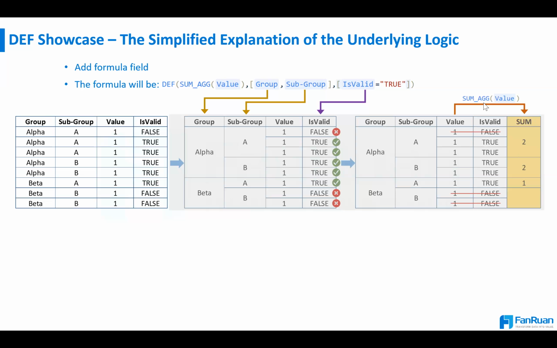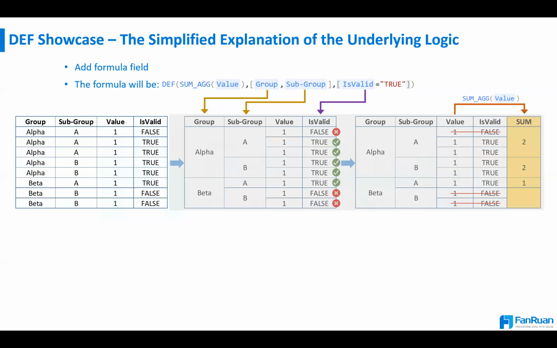Next, we run the sum aggregation function on our valid lines. You can see all the values whose is valid column is true are taken into the summary. For group beta, subgroup B, there is no true value, so you can see the result is empty here.